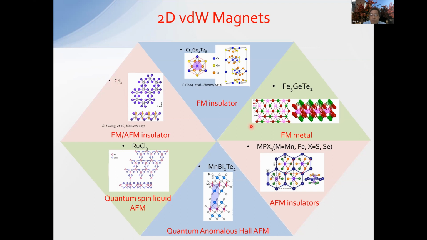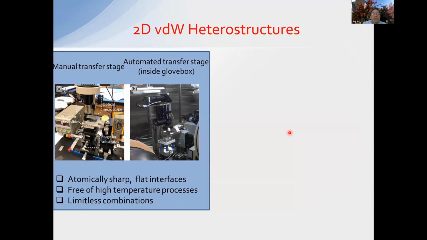Okay, so first of all, the 2D van der Waals heterostructure can in principle be made with the aid of an automated transfer station put inside a glove box to protect samples from oxidation.